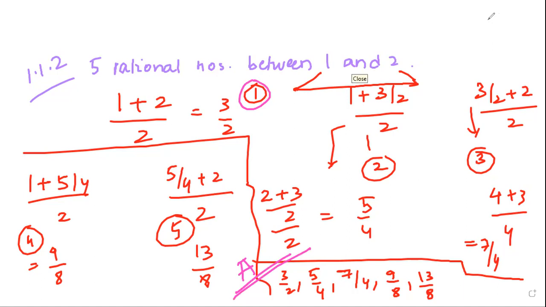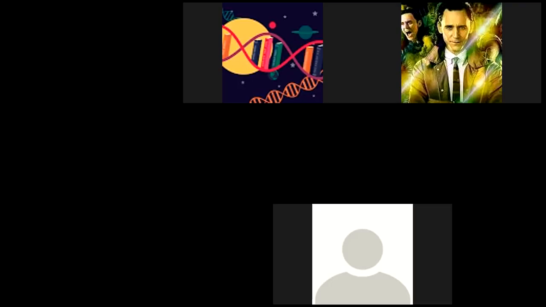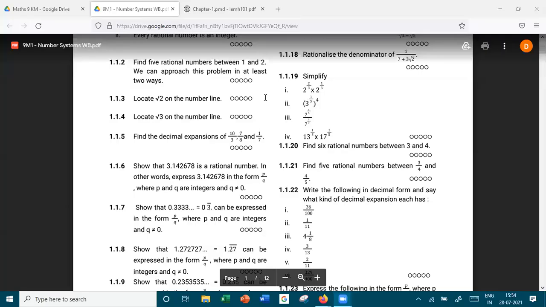Okay. Sujal, you can tell me all the numbers together. I'll wait. Don't send it one by one. Okay, ma'am. Yeah. So we are doing this question. Find 6 rational numbers between 3 and 4.